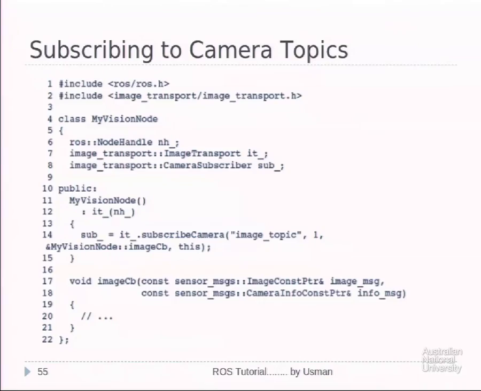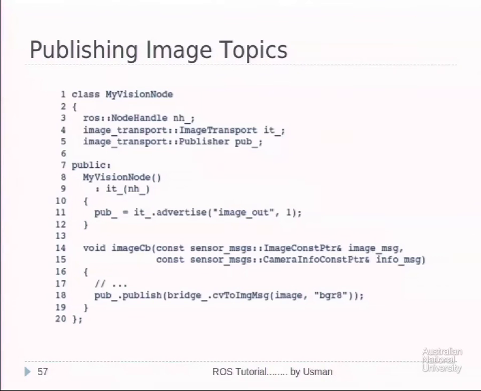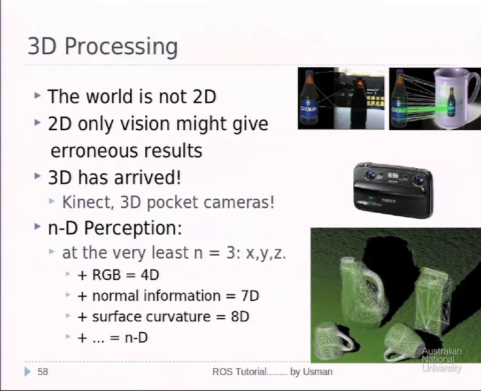Once I get this image matrix, I can use all those functions. If someone has used OpenCV, I can use all those functions and get some information out of it, and then get some results, like whether I can see the red color in that or not.